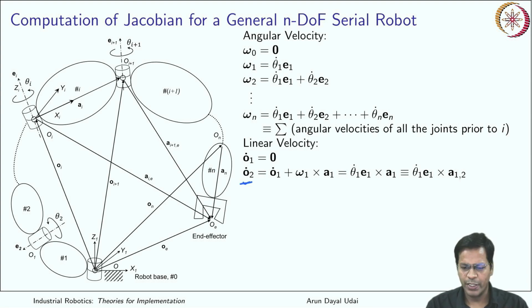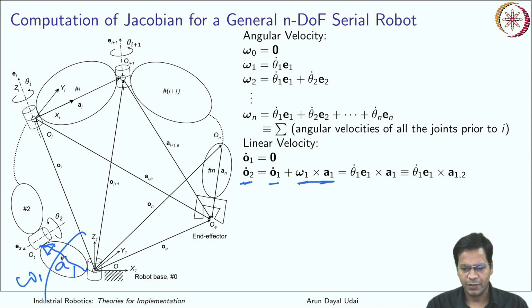O2 dot is O1 dot plus omega 1 cross A1. If this is your link length A1, there must be a vector which connects it. This is your A1. Omega 1 is the angular velocity of this, so this gets added on.